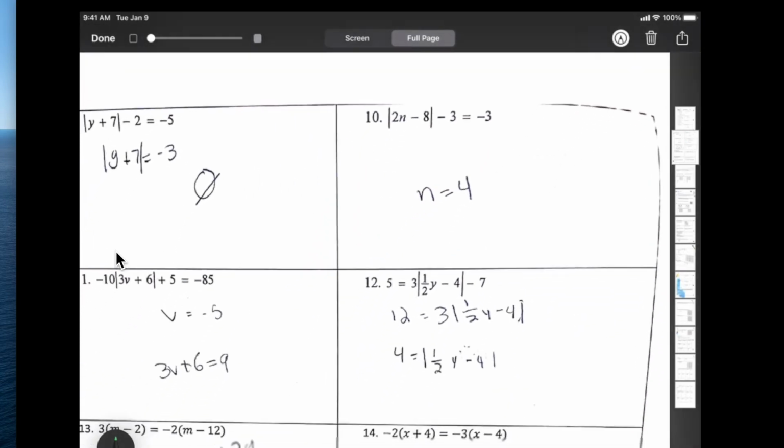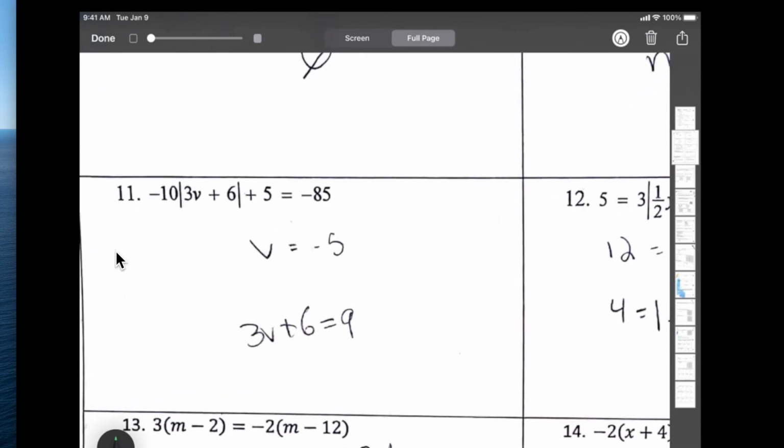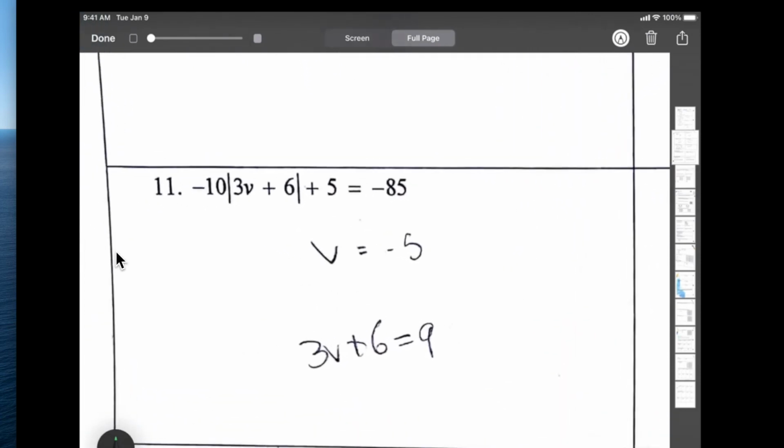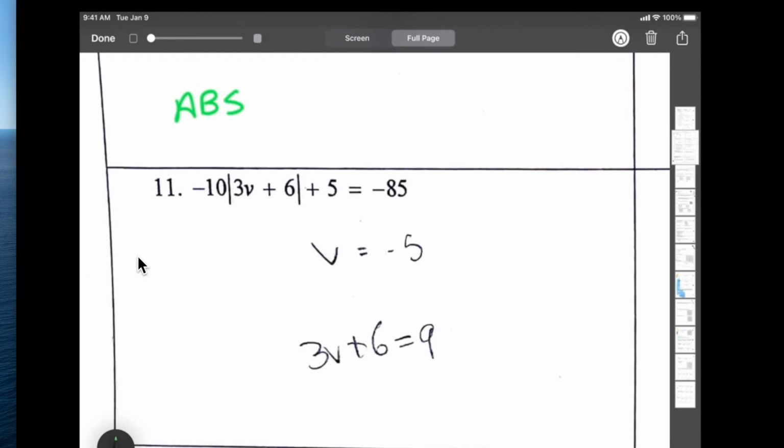Okay, number 11. First goal with absolute value problems is to get the absolute value by itself, equal to stuff on the other side. That means we have to isolate this by itself.